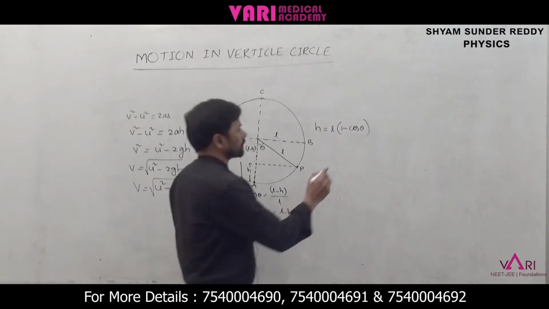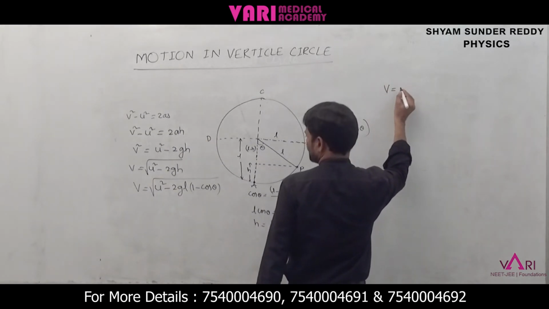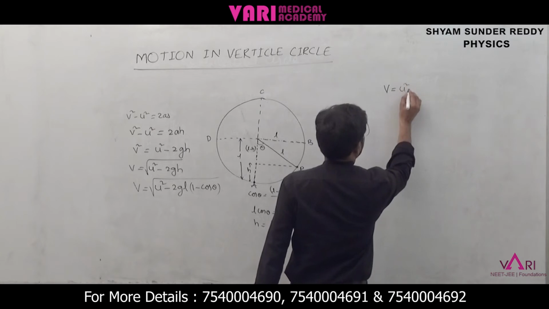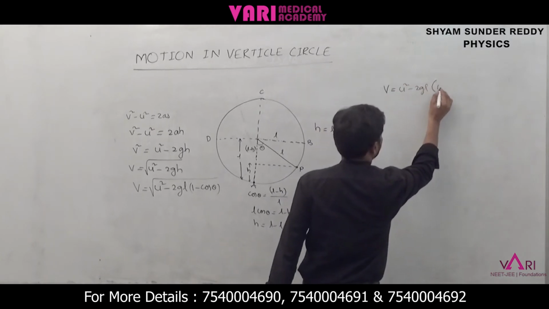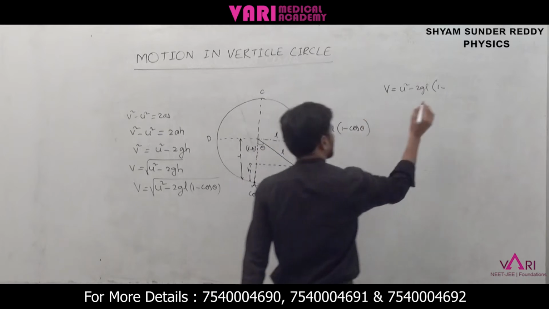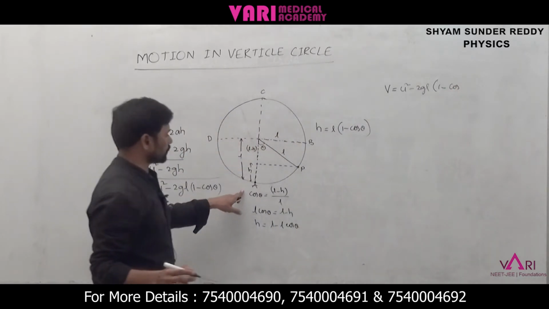So v is equal to the square root of u square minus 2gL into 1 minus cos theta. Which point do we want to take first?